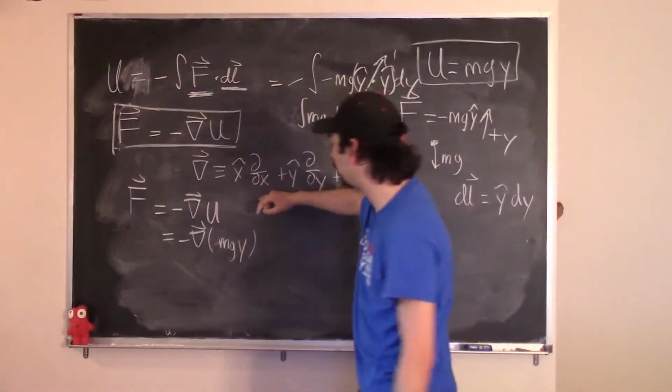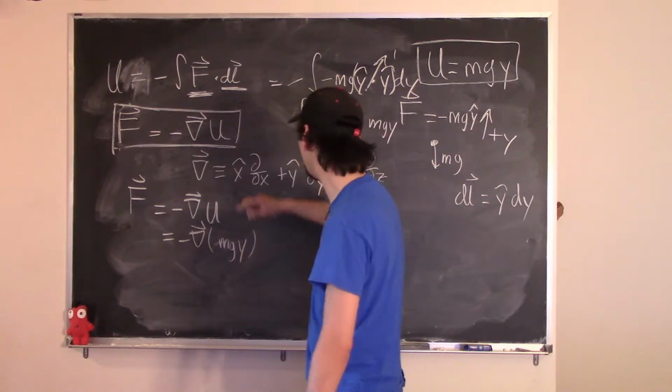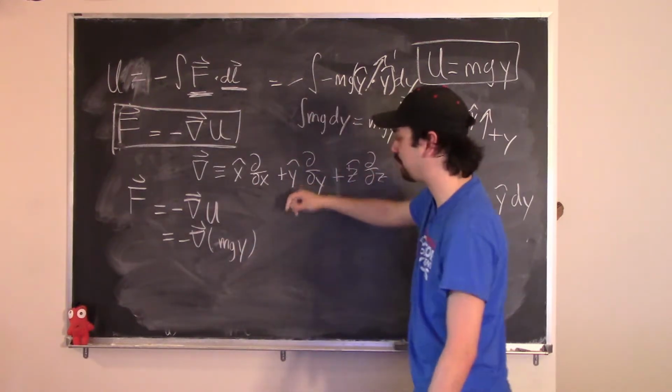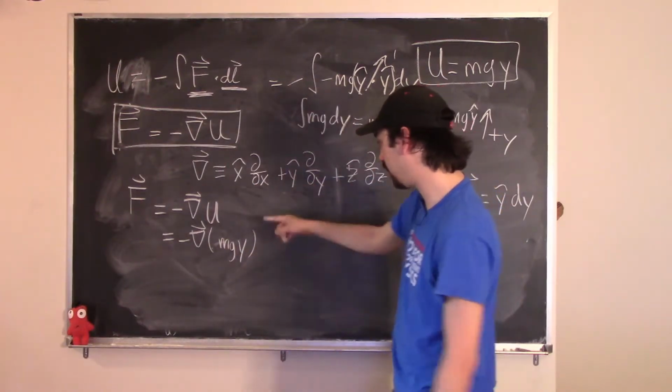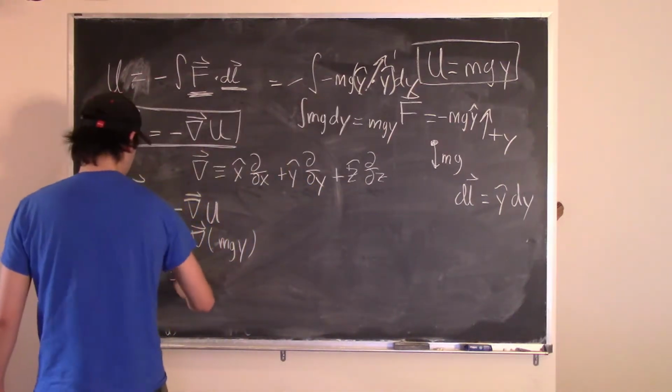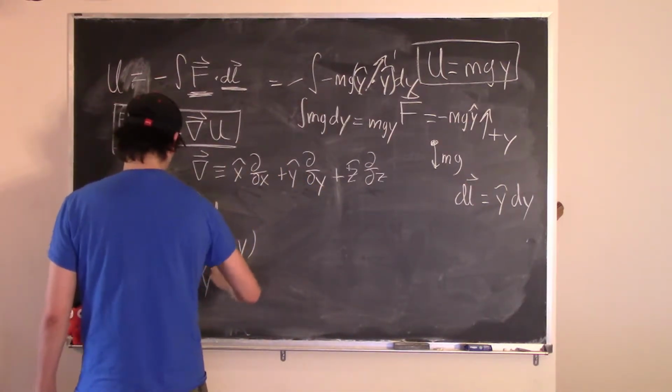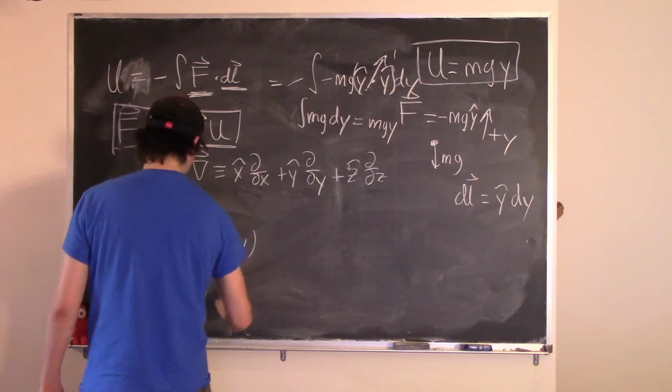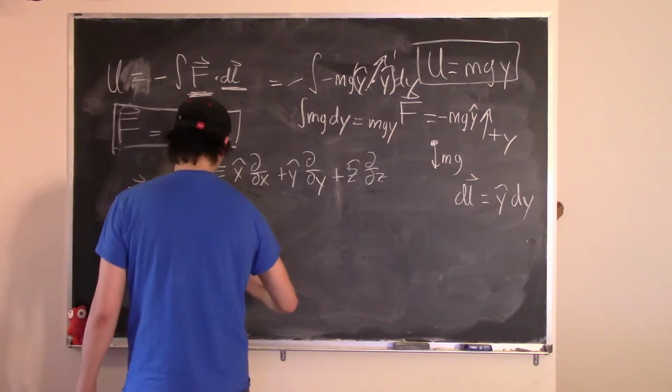And then look at what the gradient says. So the gradient's an operator in 3 dimensions, but there's no x dependency here, right? There's no z dependency. There's only y dependency. And so when I do that, this is going to become minus y hat partial derivative with respect to y of mgy.